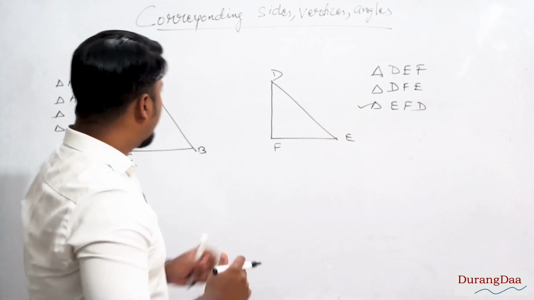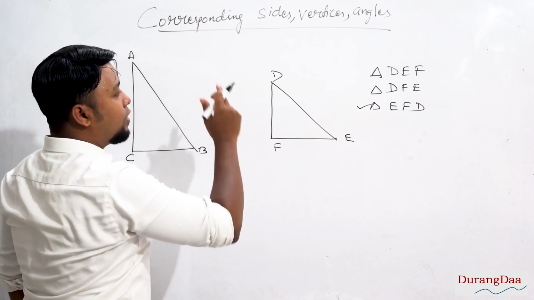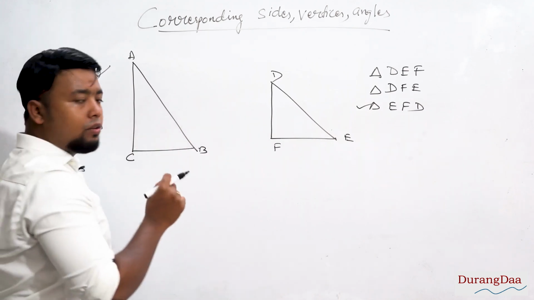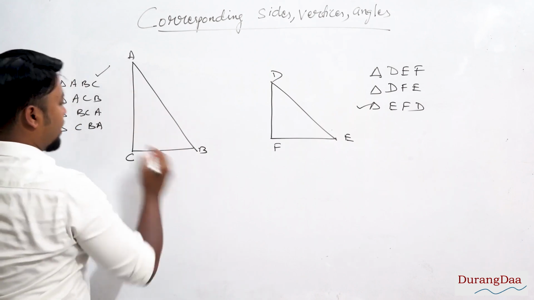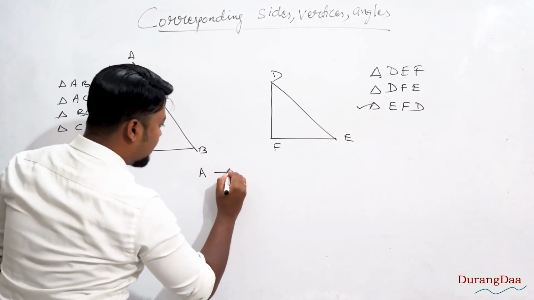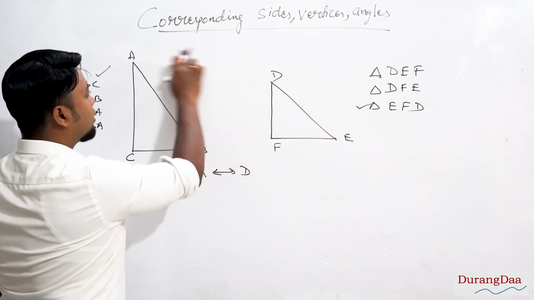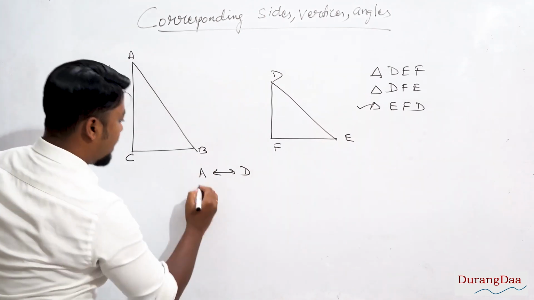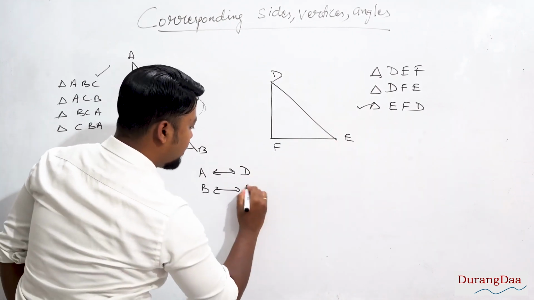Because when I refer to corresponding sides and vertices, I have to be very particular about the order of the vertices. For example, here vertex A corresponds to vertex D, and same here vertex B, the corresponding vertex would be E.